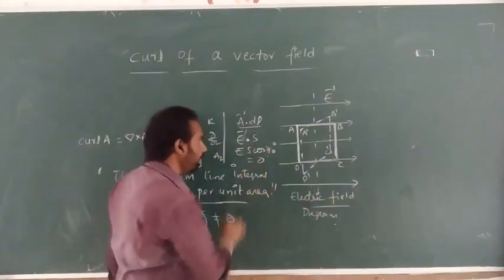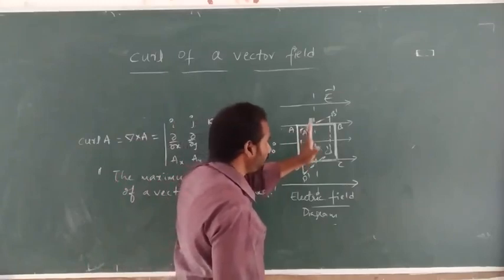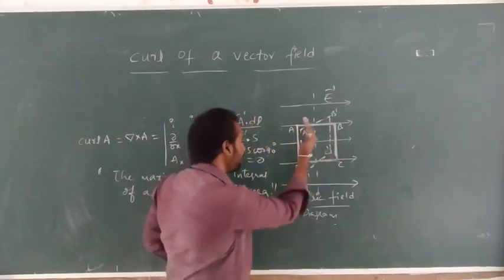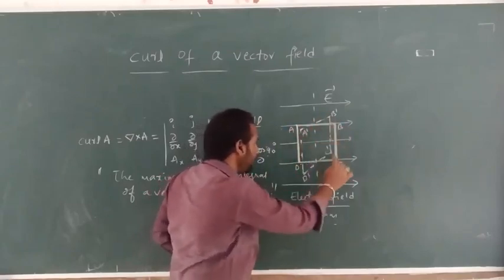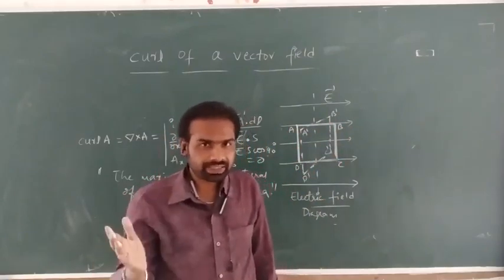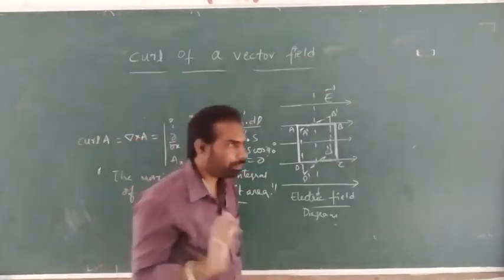So this value will become 0. The flux passing through A dash, B dash, C dash, D dash is 0. At this orientation, the line integral of the curve A dash, B dash, C dash, D dash is 0. That is the minimum.